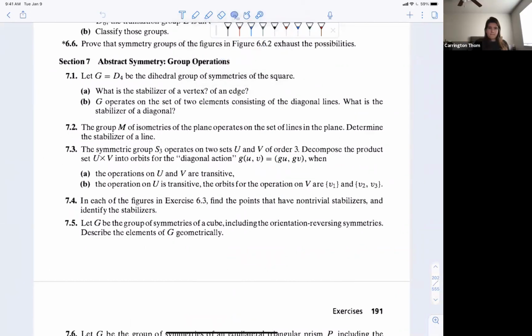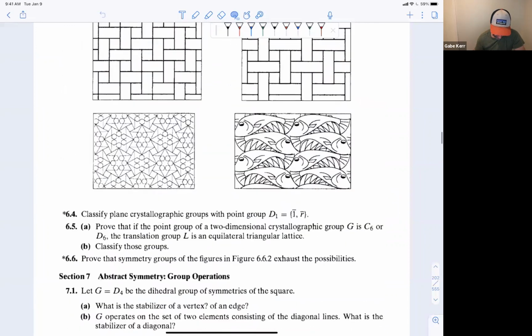Yeah. Okay. Each of the figures in exercise 6.3, find the points that have non-trivial stabilizers and identify the stabilizers. Okay, so let's look at 6.3.